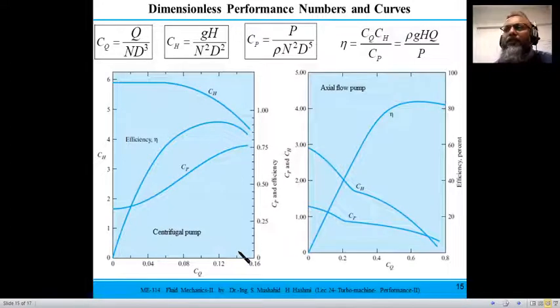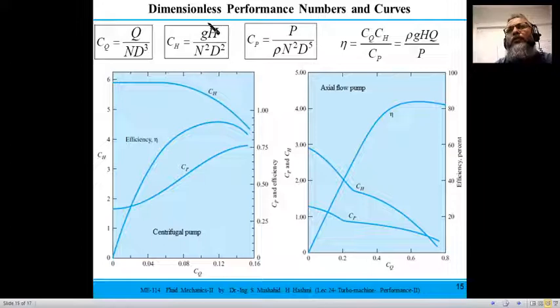And you have similar performance curves for axial flow machines. What you see from these two curves is that centrifugal pumps are good, having a higher head coefficient.